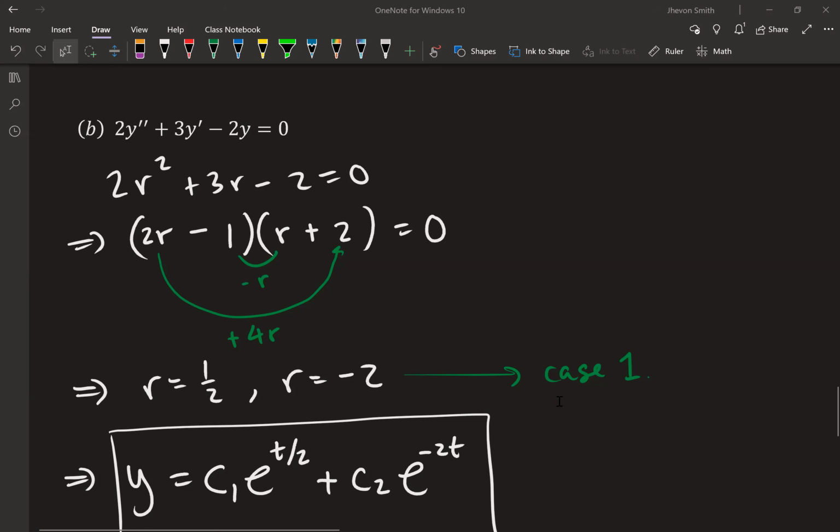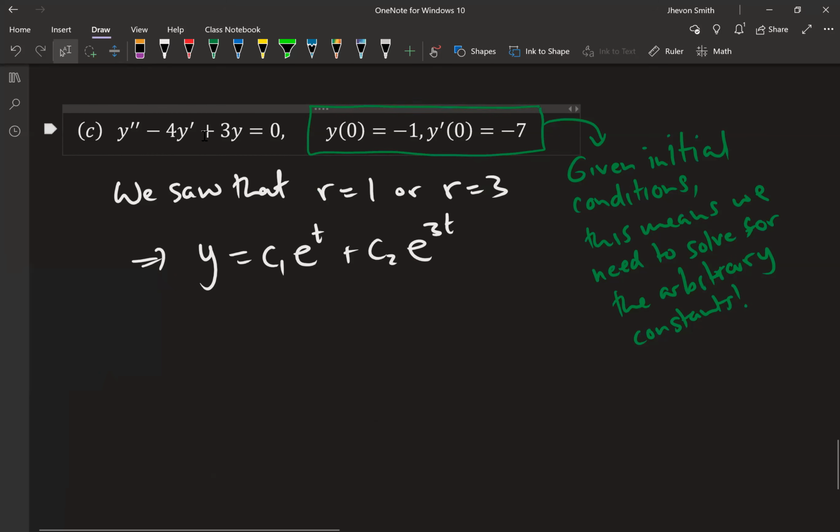Okay, so now we are looking at another example, which is the first example, except here I added initial conditions to it. Notice here I have two pieces of information. I know y of 0 and I know y prime of 0, which means I know this function's current position at a certain time, and I also know its speed at a certain time.